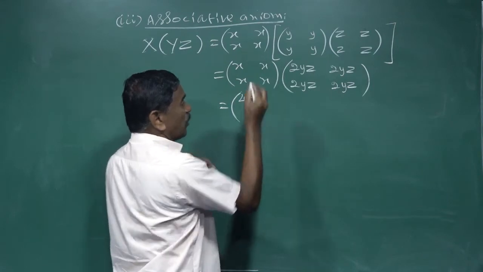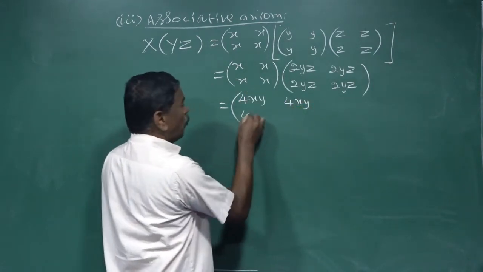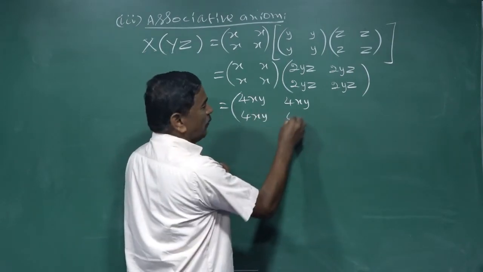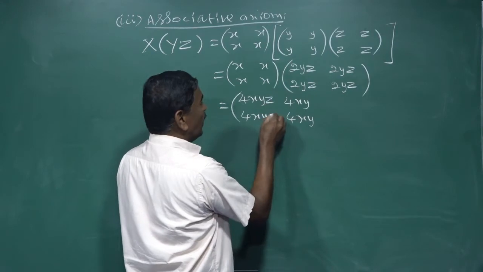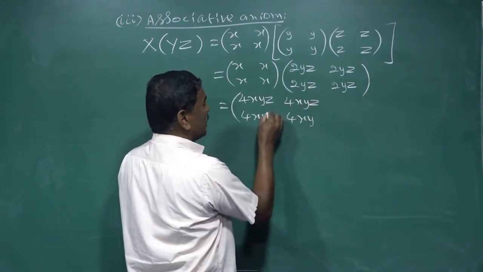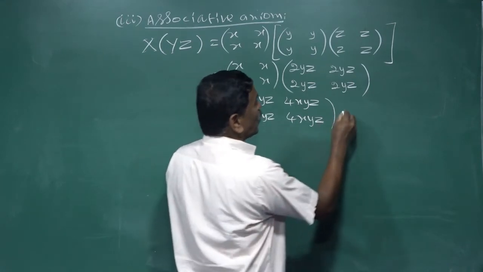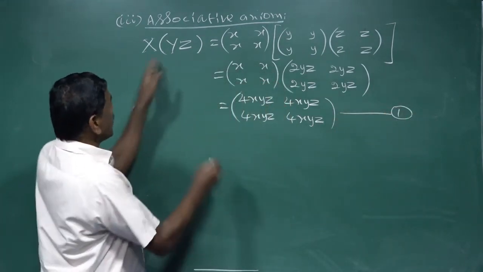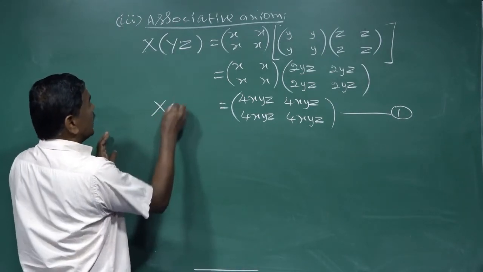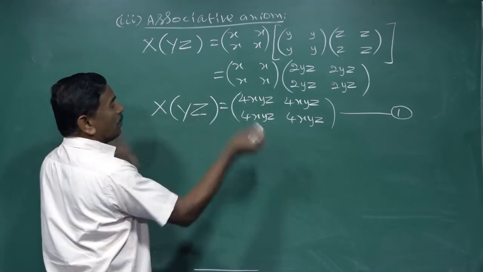So 4xyz, don't forget. The bracket is complete. Let it be the first equation, whose left-hand side is x into yz. So x into yz is completed.